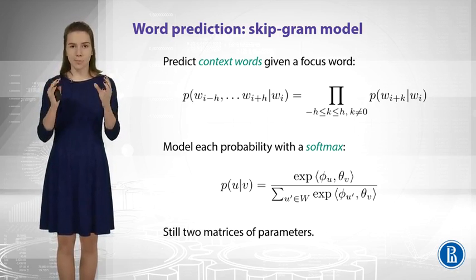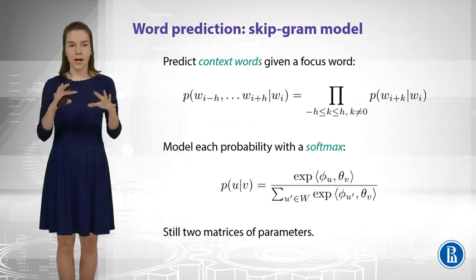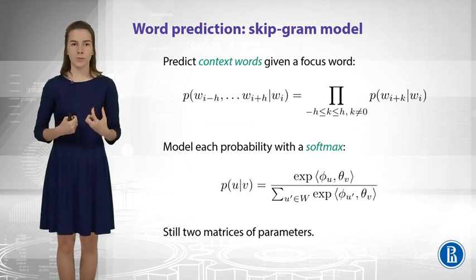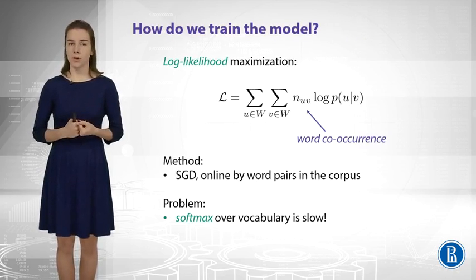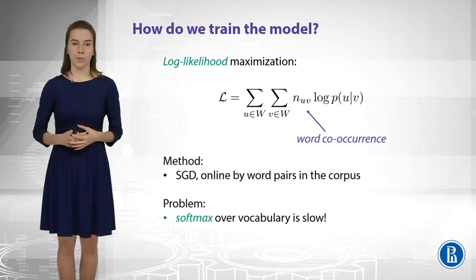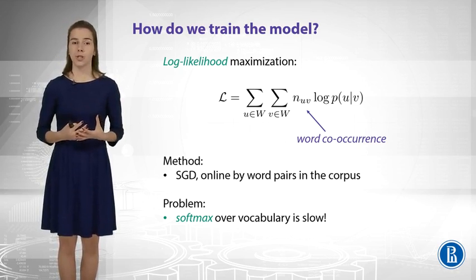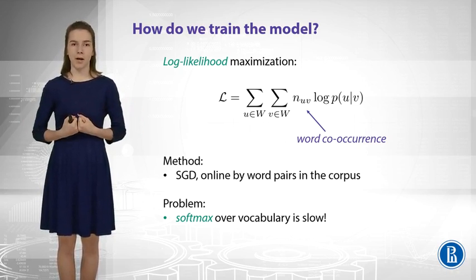So these inner products correspond to some similarity between two vectors. We take this similarity, normalize them using softmax, and get probabilities. Okay, so this model is called skipgram. It is very important, but unfortunately, it is rather slow because softmax computation is slow, especially if you have a big vocabulary. What can we do about it?